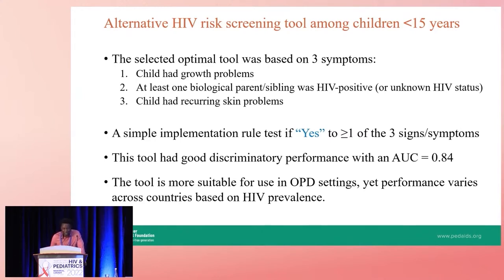A simple yes to any of these would result in a child being tested. This tool has good discriminatory performance with an area under the curve of 0.84, and we also noted that this tool is more suitable for use in OPD settings, yet performance varies across countries based on HIV prevalence.